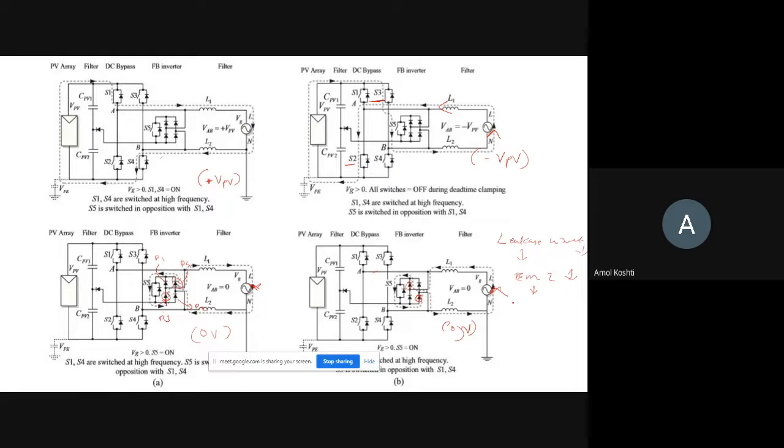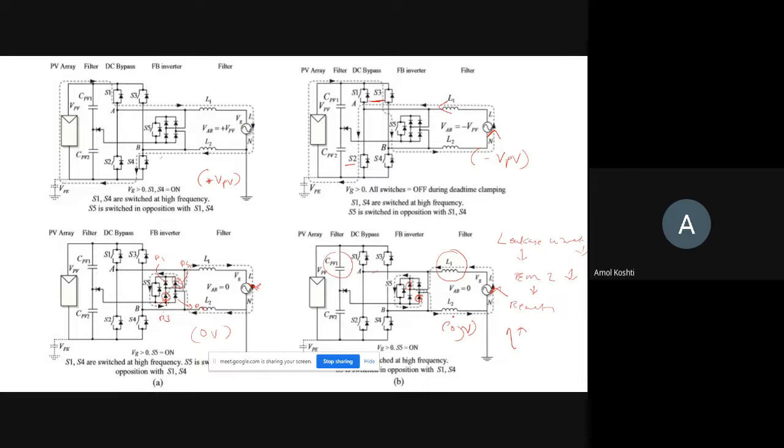The third parameter is the reactive power exchange between the AC filters and the DC filters, which is again less. That is the reason efficiency is increased here.